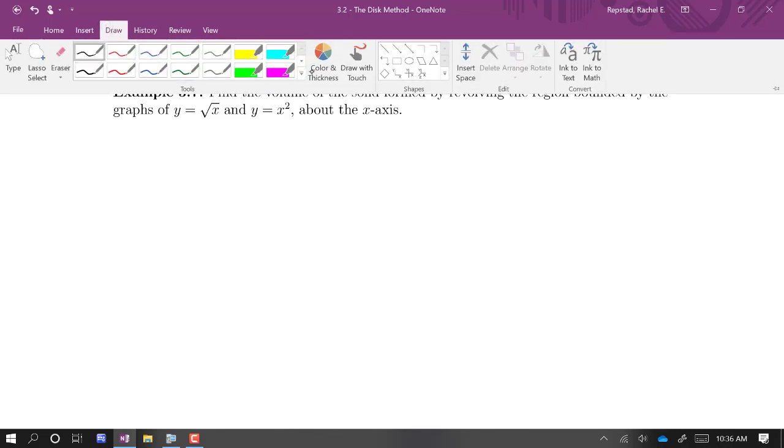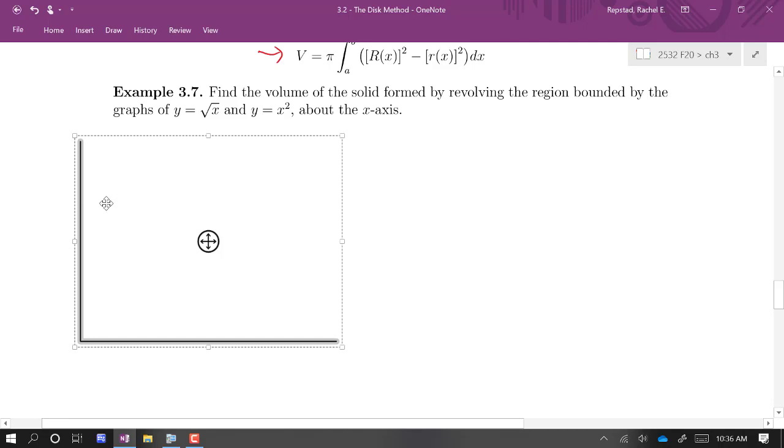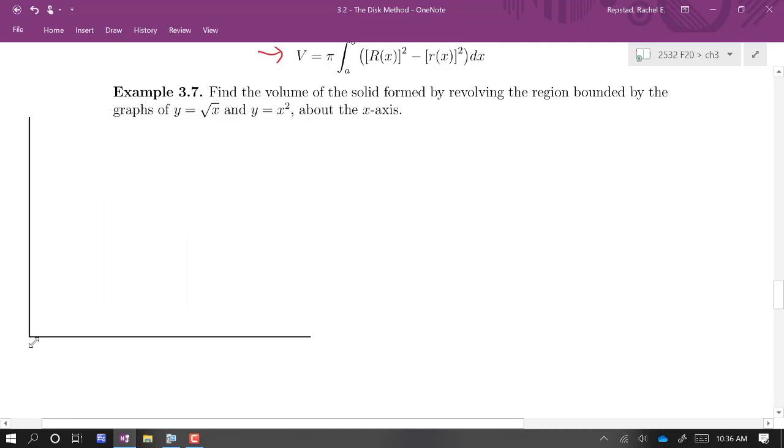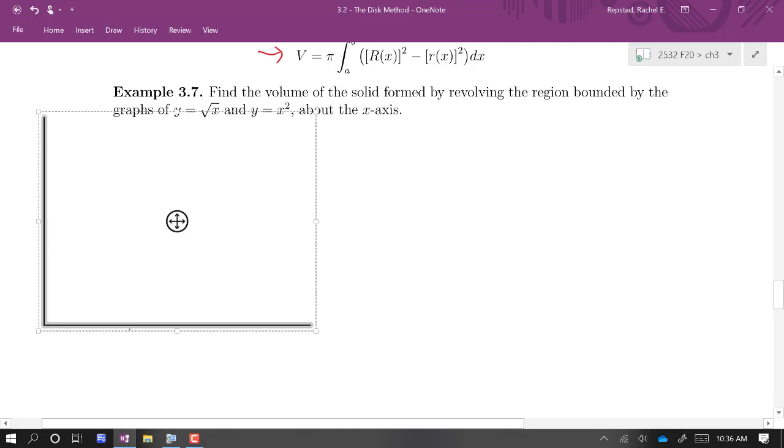So when I sketch this, I'm going to get a nice biggish picture. So there's the origin.